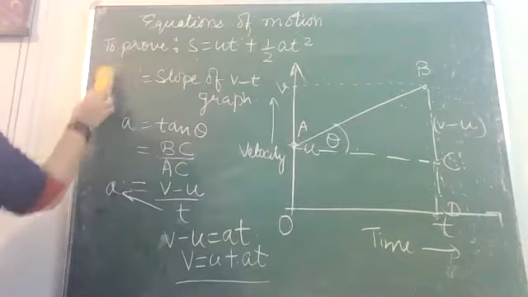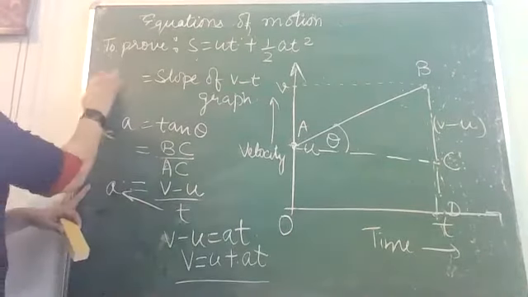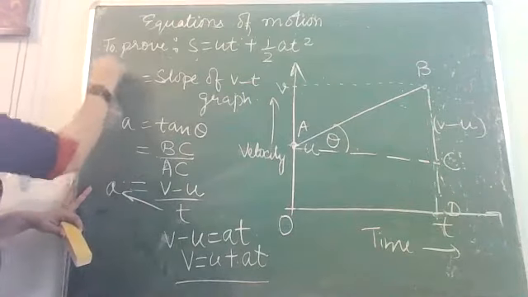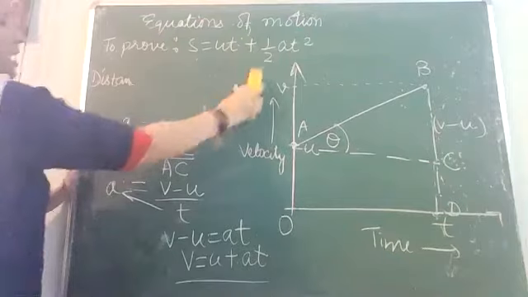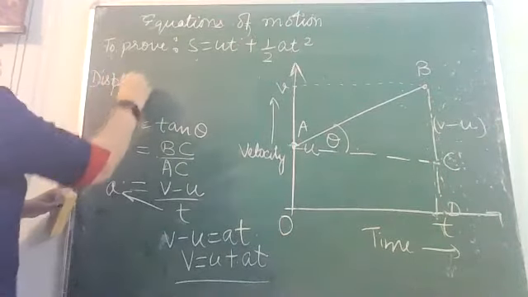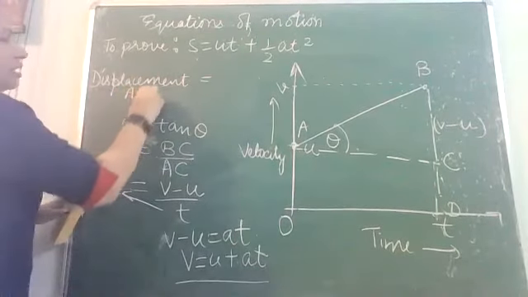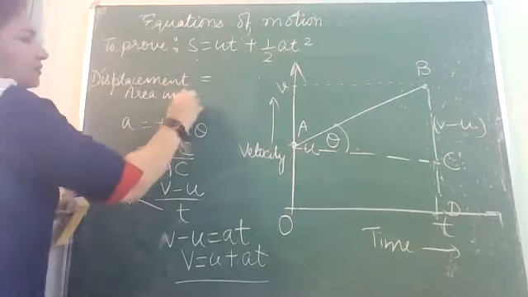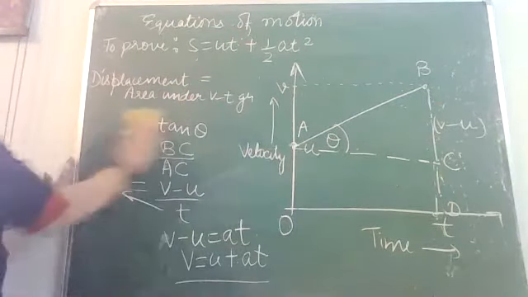Now for this purpose we will use the second piece of information that we know: displacement or distance is given by the area under the VT graph. We know that displacement of an object is given by the area under the VT graph. So we will be using this information now.